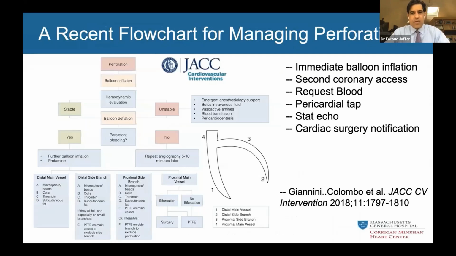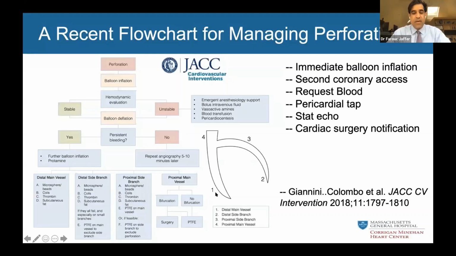This is just for reference. Here's a nice review from Colombo and colleagues looking at stepwise management for perforations: understanding whenever possible to immediately go up with a balloon, look at hemodynamic evaluation, understand cardiac surgery backup, and then really thinking about where in the vessel the perforation is occurring.